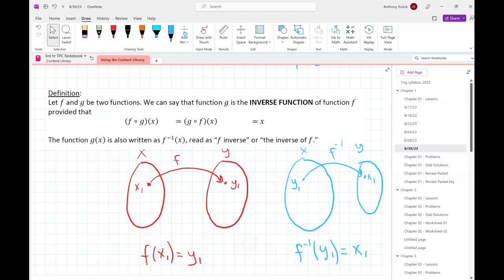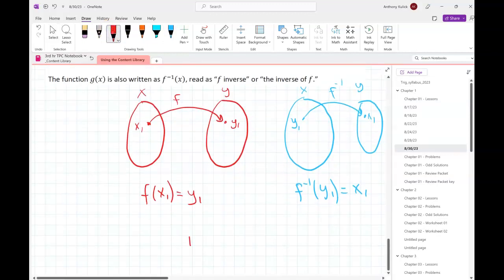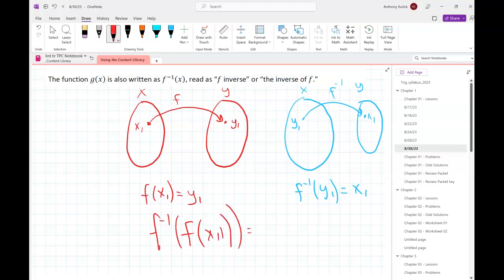So what happens when we do the composition? If I do f inverse of f of x1, well, f of x1 just sends it to y1, and f inverse of y1 sends us back to x1.